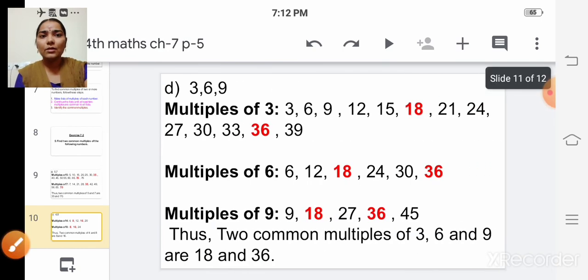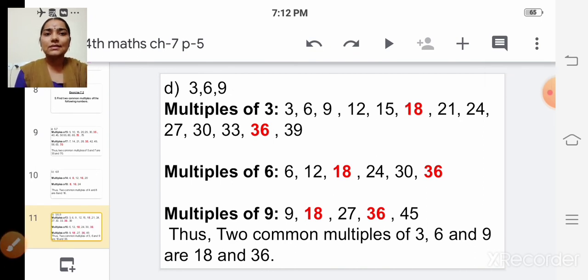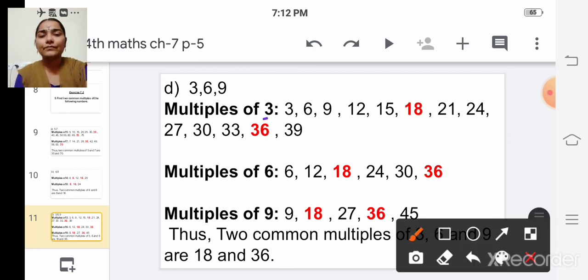So the next problem, see, 3, 6, 9. First we have to find out the multiples of 3, multiples of 6 and multiples of 9, till we get two common multiples of 3, 6 and 9. If we get two common multiples of 3, 6 and 9, then we can stop the process. So we have to write the multiples of 3.